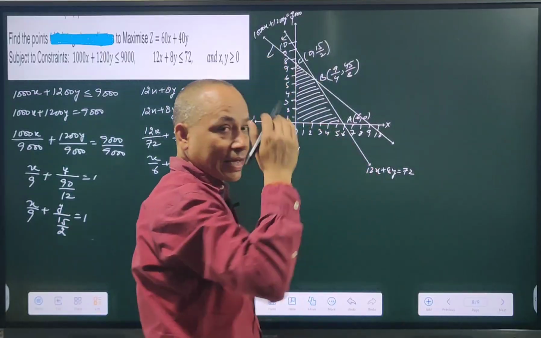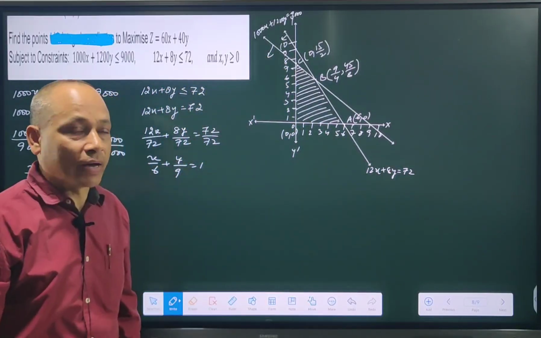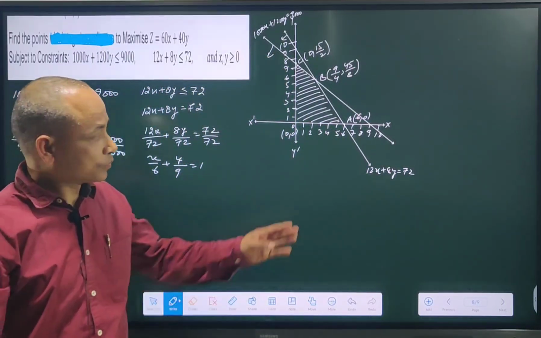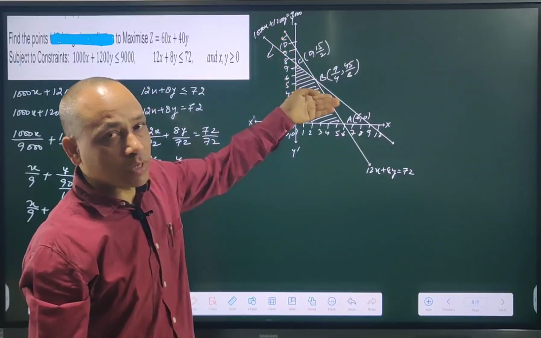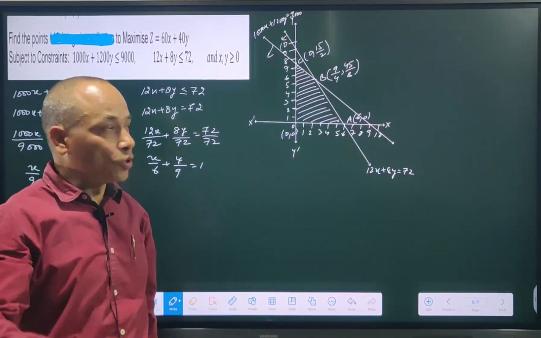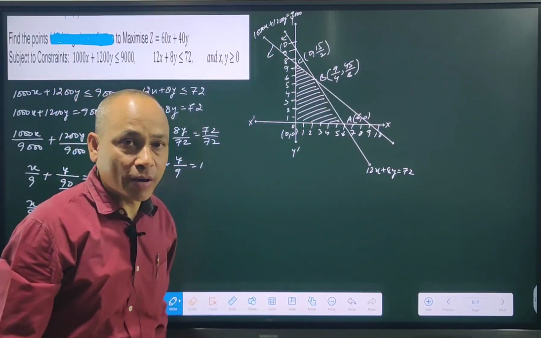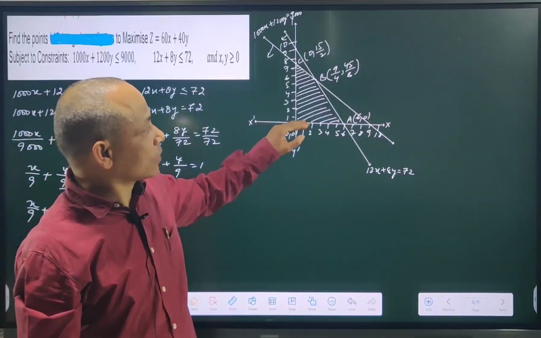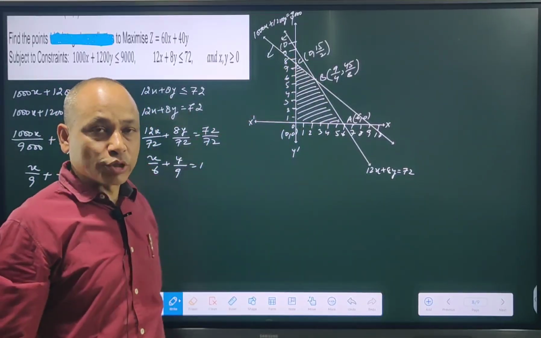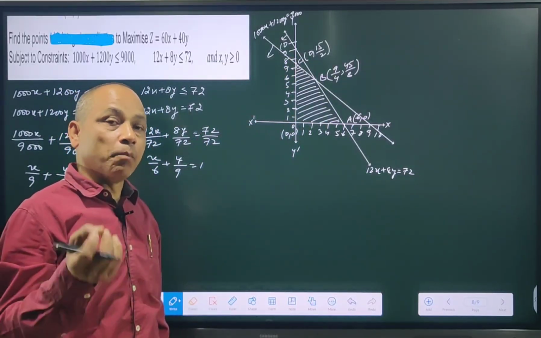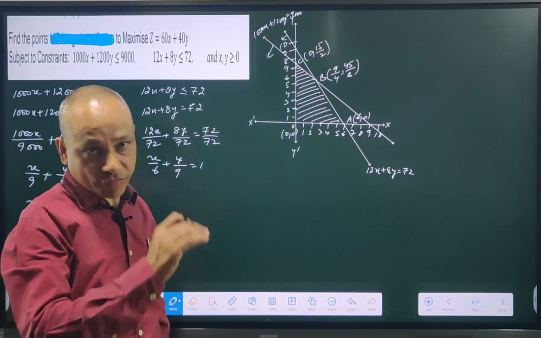B is (9/4, 45/8). How did we get it? By solving these two equations. The solution will be (9/4, 45/8). So these are the corner points which can give you the maximum and minimum values of Z.